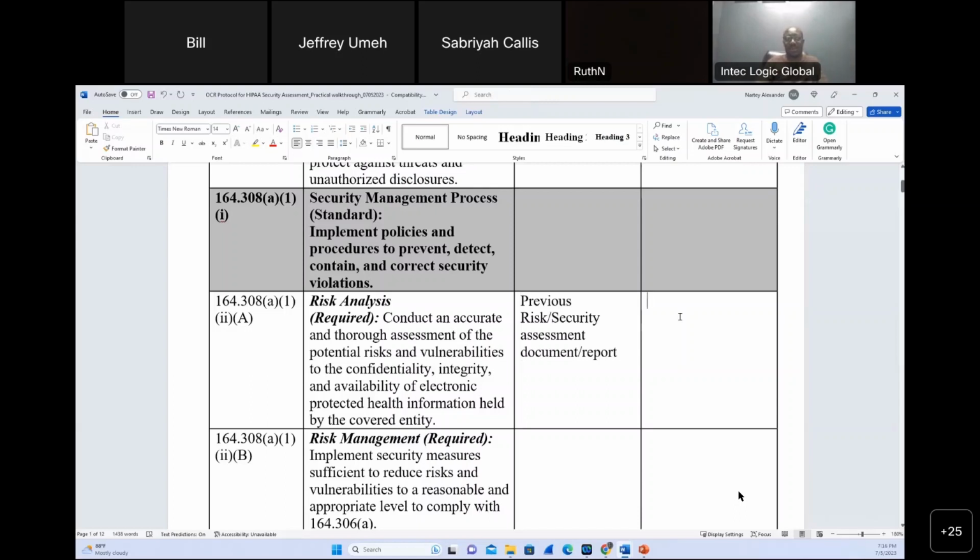When you get that document, that is the review part. The review is going to help you know the gaps, what they have in place and what they don't have. What do you think we should look at from that document?